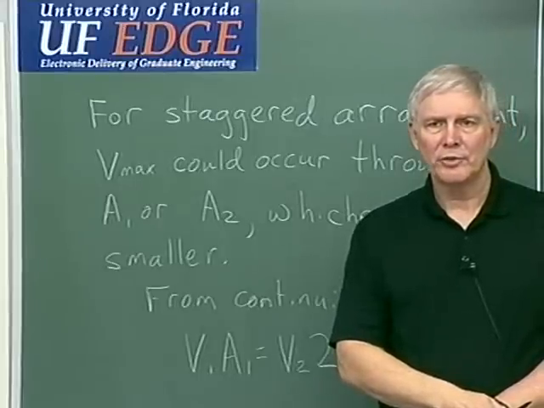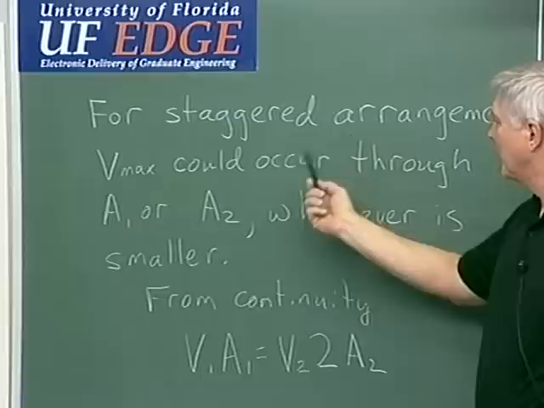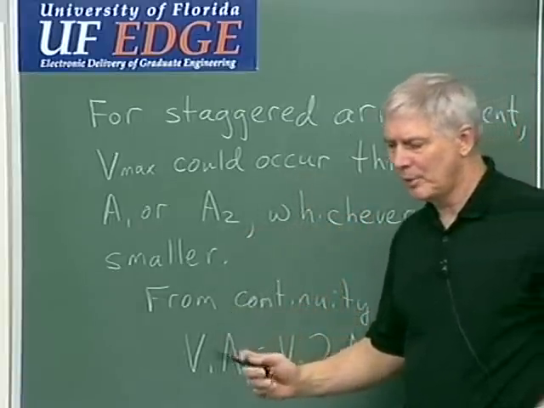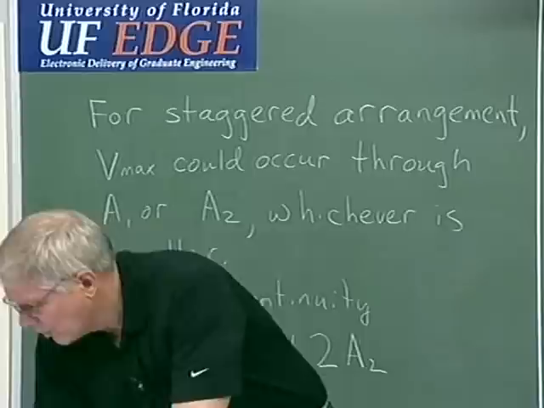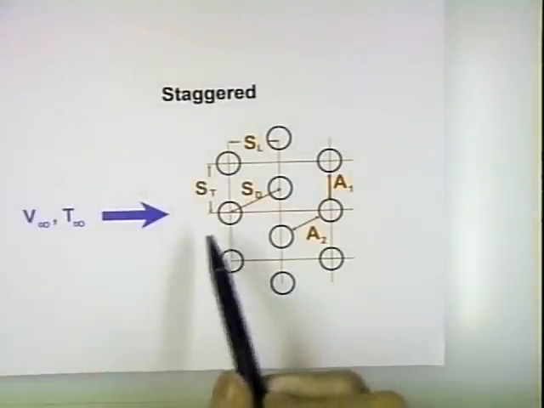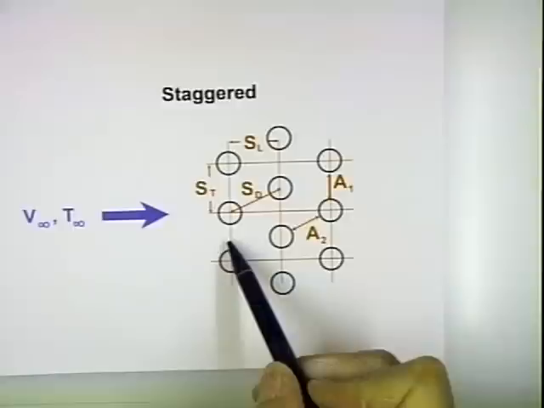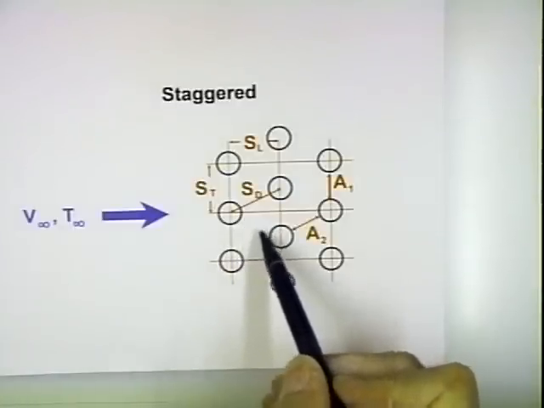Okay, now let's discuss the staggered arrangement. For the staggered arrangement, Vmax could occur through either A1 or A2, whichever is smaller. So let me go over here and I'll demonstrate what I'm talking about. We have the flow coming in, and you can see this would be A1 here. It could go through here, but it's going to make a turn here and go up through A2 right in here.